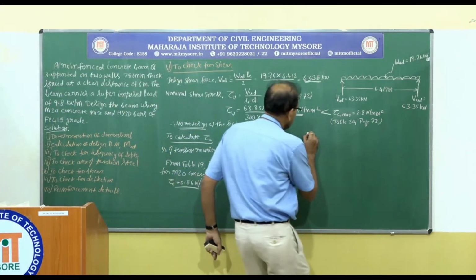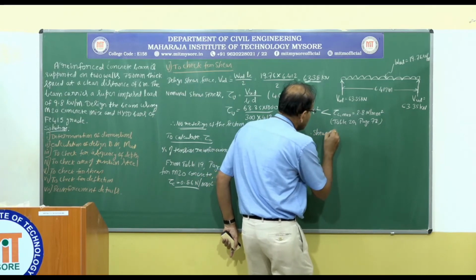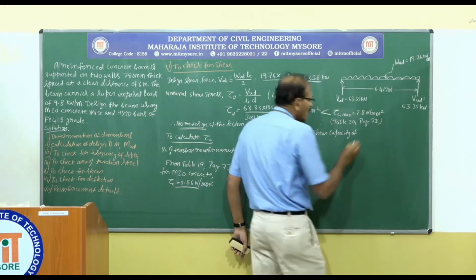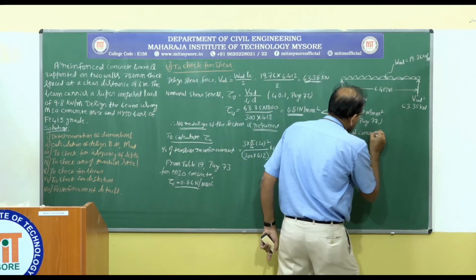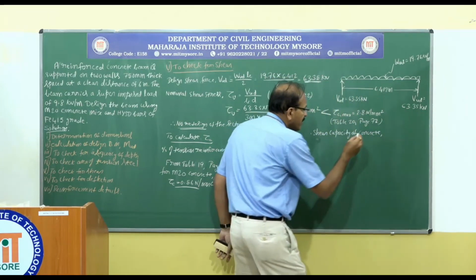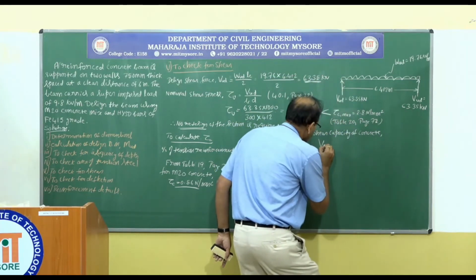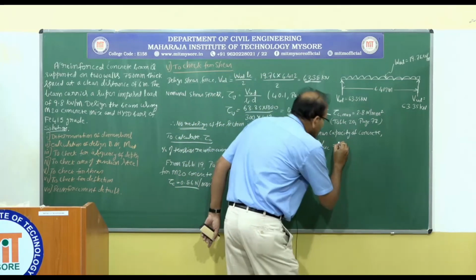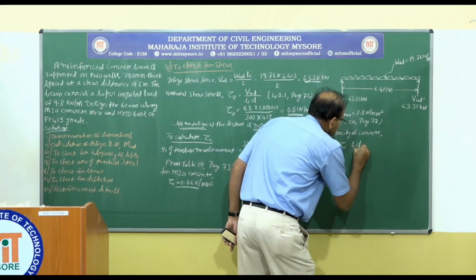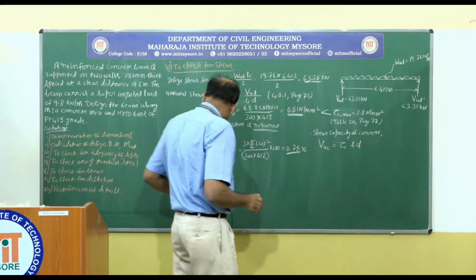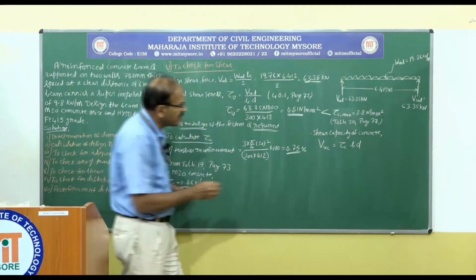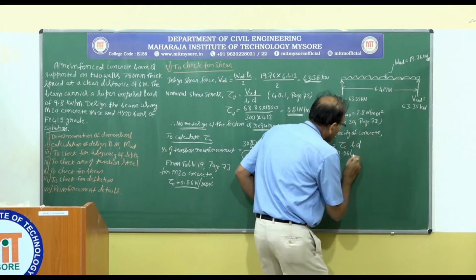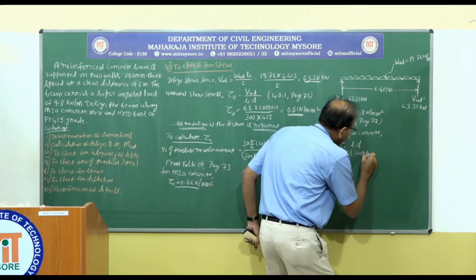Therefore, shear capacity, that is design shear capacity of concrete. If you remember, we have called that VUC, that is given by tau C multiplied by BD. What is tau C value? That is 0.56 Newton per millimeter square, and B is 300, D is 412.